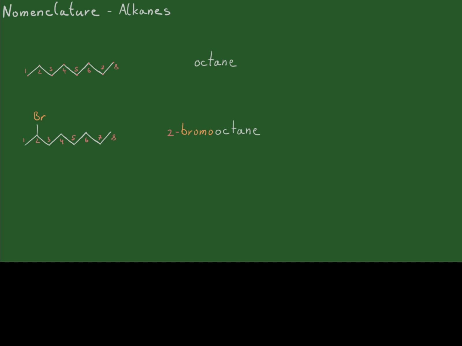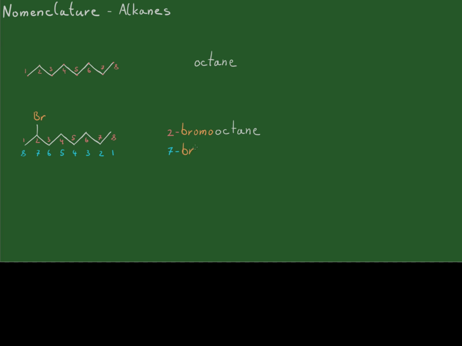Fair enough. You might ask, can we number in the other direction? In other words, can we go 1, 2, and so forth, all the way to 8, but this time right to left? We can, sure, we can place the numbers. What happens to the name? Well, in that case, the substituent bromo group is on carbon number 7.